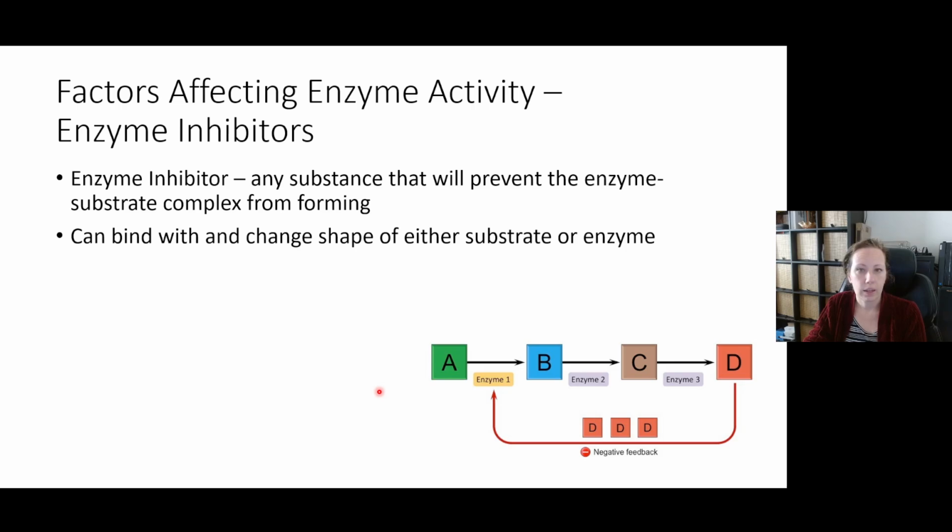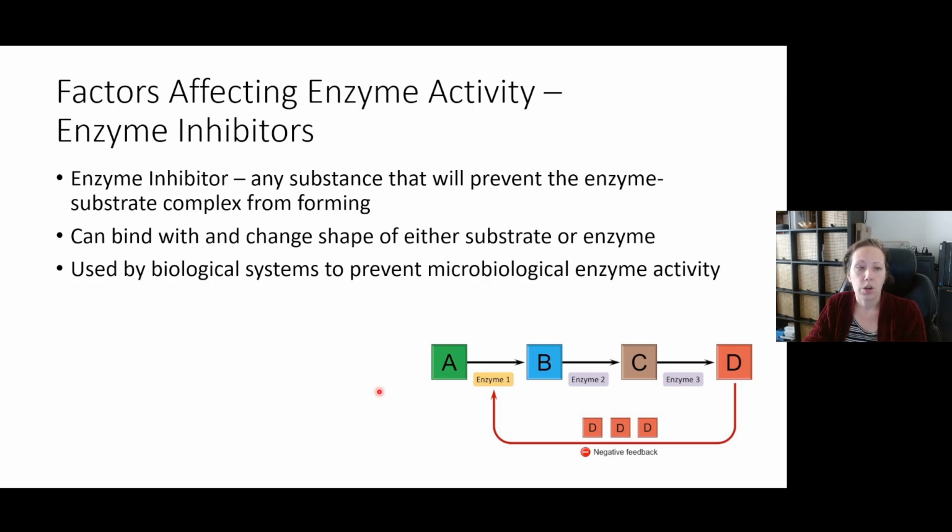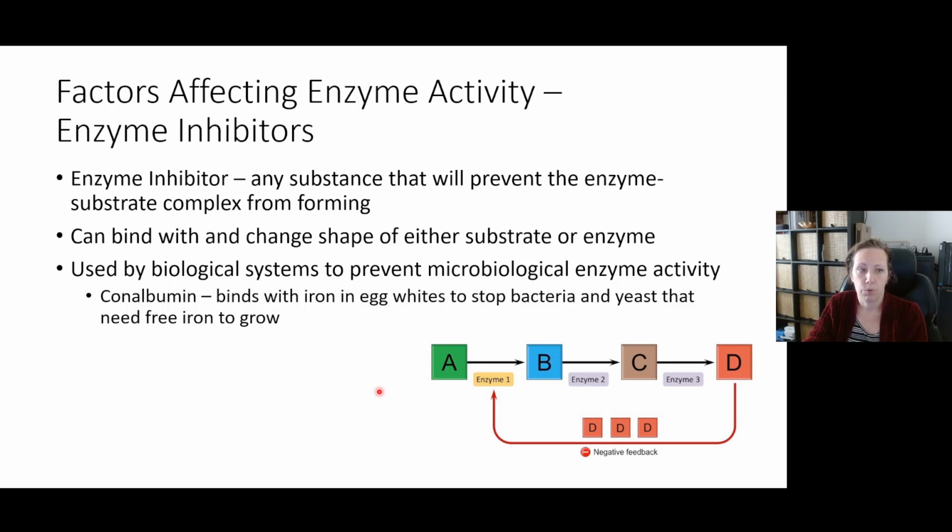Okay, and these inhibitors are used by biological systems, so they're naturally in our bodies to prevent microbiological enzyme activity. So, for example, in eggs, the inhibitor conalbumin binds with the iron in egg whites to stop bacteria and yeast that need free iron to grow.